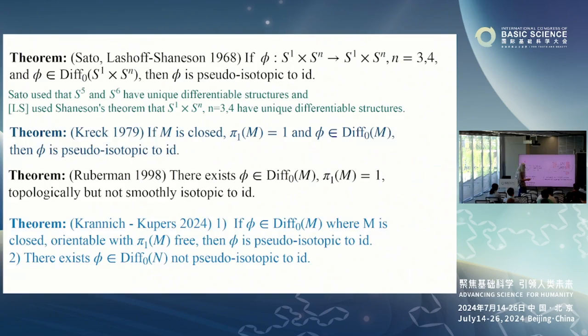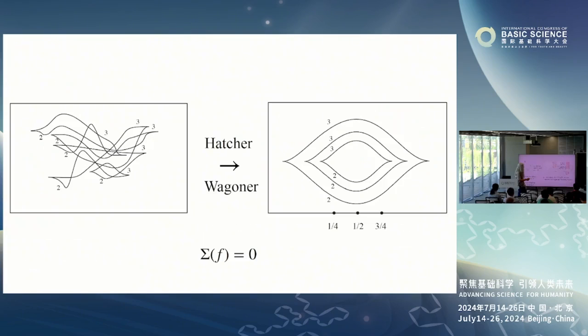But in the end, everything's back to geometric delta ij. So that's sort of an idea of what happens in this Hatcher-Wagoner situation.